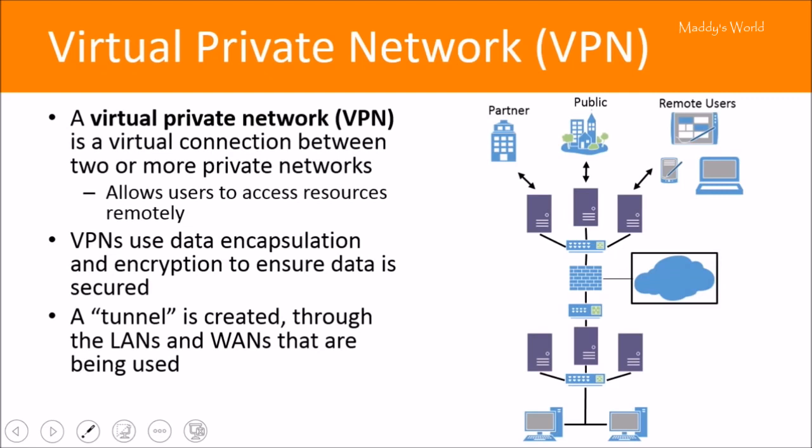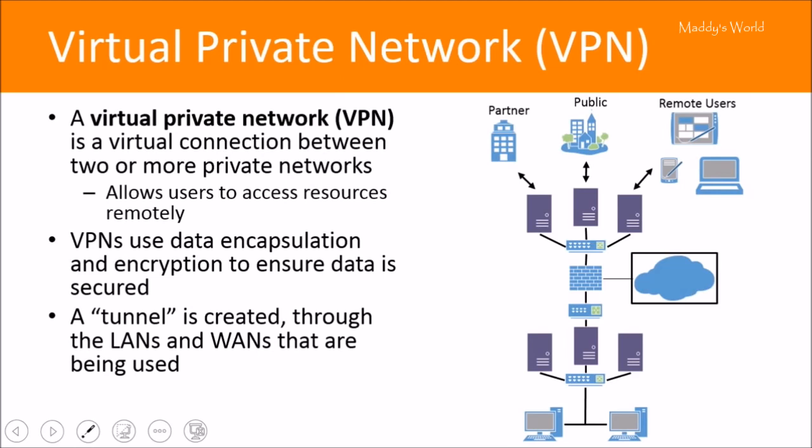And that's just a virtual connection between two or more private networks. It allows users to access resources remotely. They're going to log in using a remote access protocol. And VPNs do this by simply encapsulating, or rather creating a tunnel in which communications can pass through, right?